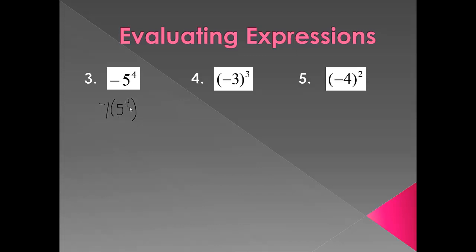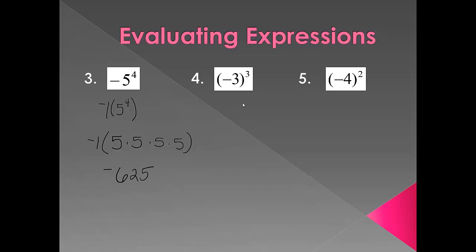So first we're going to do 5 to the 4th power, which is 5 times 5 times 5 times 5. And then we will go ahead and multiply that by our negative, or you can say -1 if that helps. So 5 times 5 is 25, times 5 is 125, times 5 is 625. So we have 625, and when we multiply that by a -1 or just a negative, we get -625.